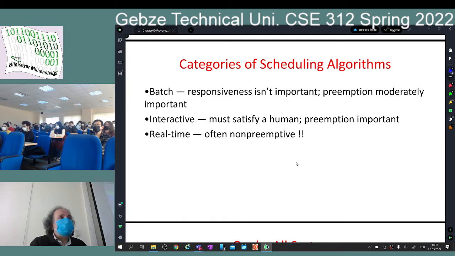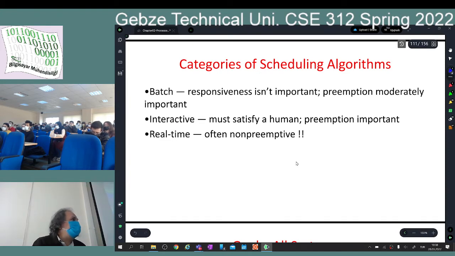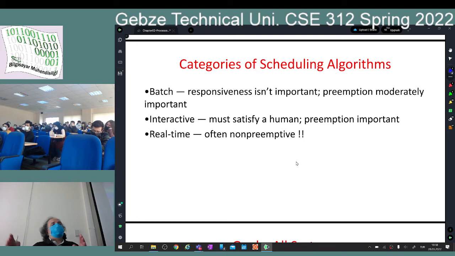Okay, so as I said before, scheduling depends on what kind of environment you live in, whether it's a batch environment, an interactive environment, or a real-time environment. In batch environments, you have a very expensive computer like a mainframe or a server, and this server is doing one thing, and when it finishes the first thing, then it does the second thing, and the third thing, etc. For example, it is printing.